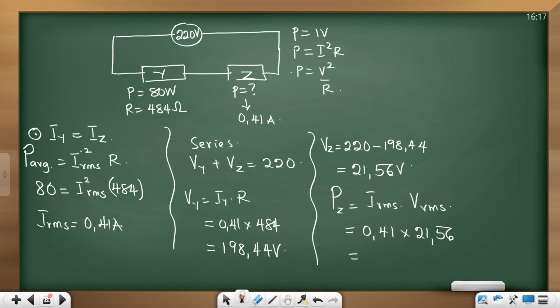Give me the answer there. Let me know if it's okay. 6 marks. So we are using our series, our potential dividers. That's what we are using.